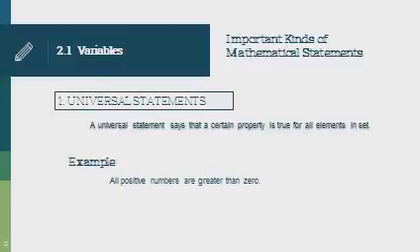Meron tayong example. All positive numbers are greater than 0. So, yung sa universal natin, meron tayong keyword, yung all. Okay? Yun yung keyword natin sa universal, all. All positive numbers are greater than 0. Parang generalize niya. Yun yung sa universal statements.